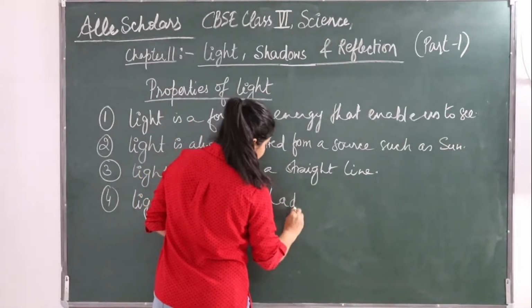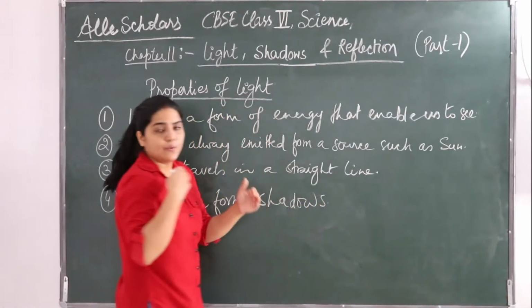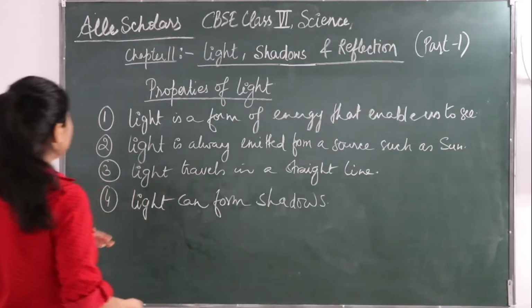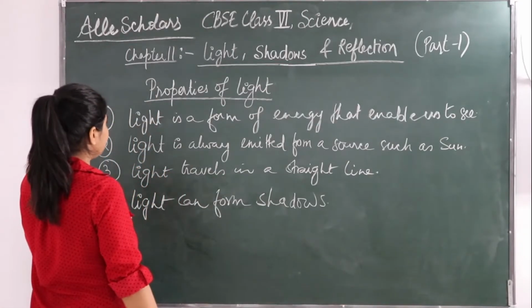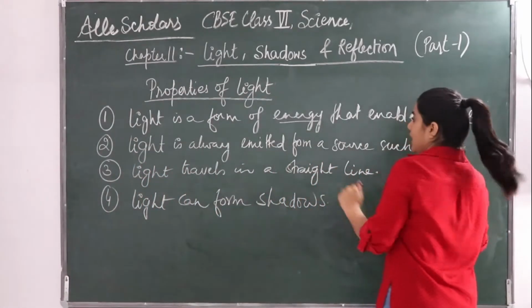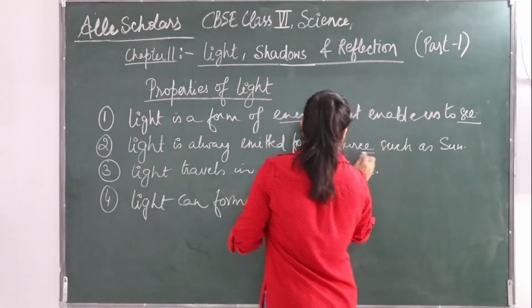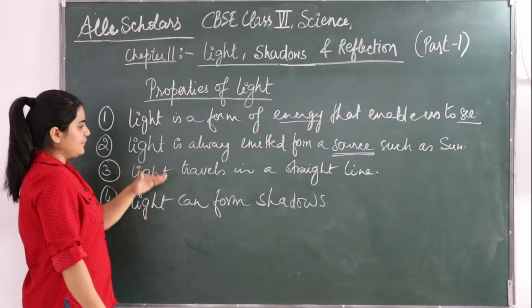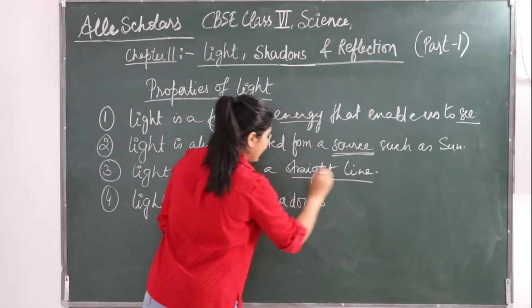Okay? It is because of the light that we can see our shadow. We will be studying in detail what a shadow means. So these are some of the properties of light. Light is a form of energy that enables us to see. Light is always emitted from a source. Light needs a source. Light travels in a straight line.